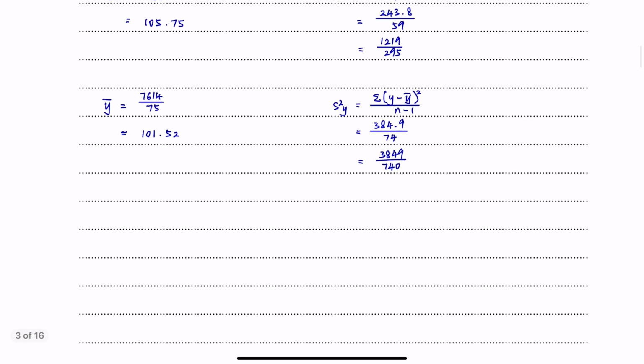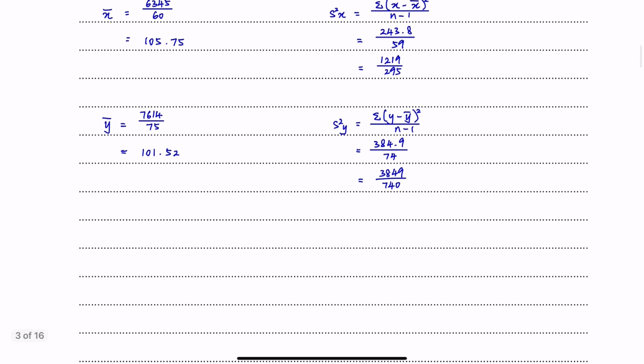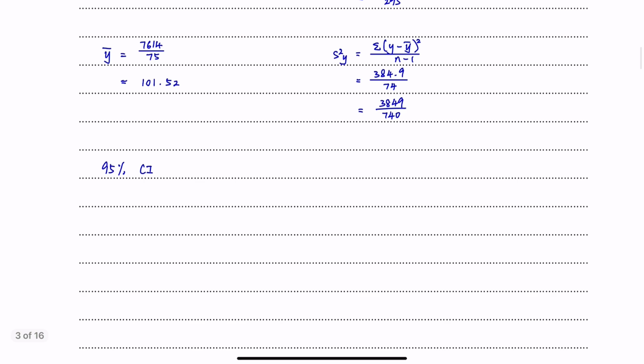So now we can start finding for the confidence interval. So for a 95% confidence interval, we call it CI. Let me draw the graph. So this would be the normal distribution graph. And this section here would be 95%, right? This would be our negative Z value and our Z value.